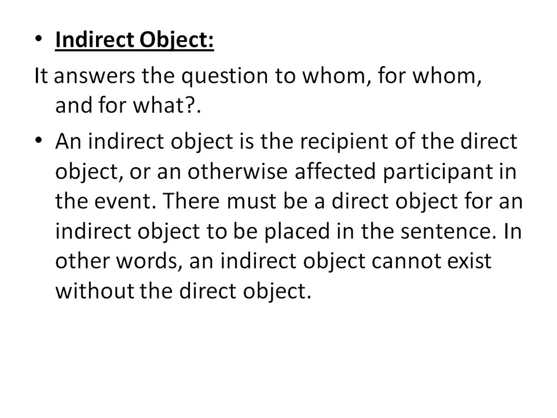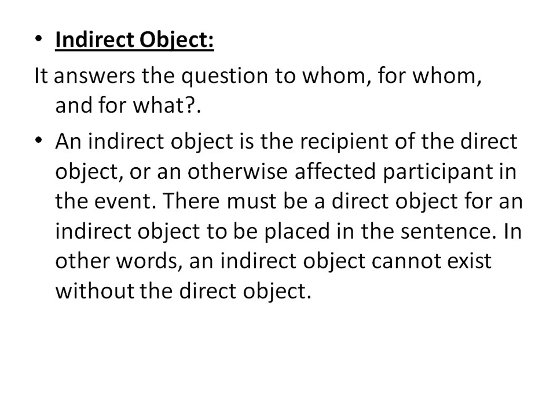So the direct object is the receiver of the action directly from the verb. An indirect object is the receiver of the direct object. Like in a sentence, if there is no direct object, there cannot be an indirect object. We cannot say that a sentence consists of only an indirect object without a direct object.